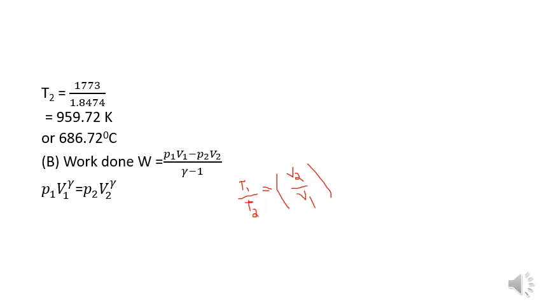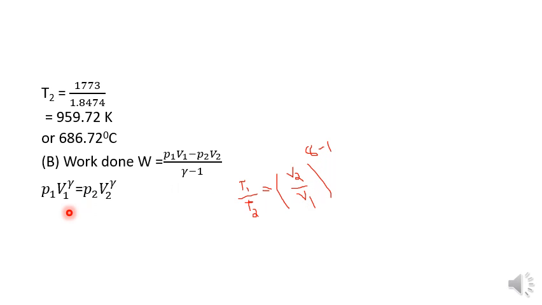So you know the values of T1 and T2. V2 we have to calculate, V1 we know. Gamma 1.4 minus 1. So calculate the V2.